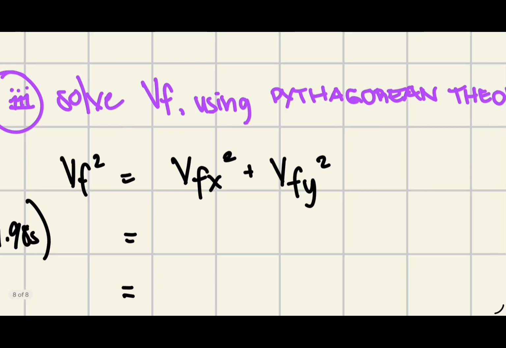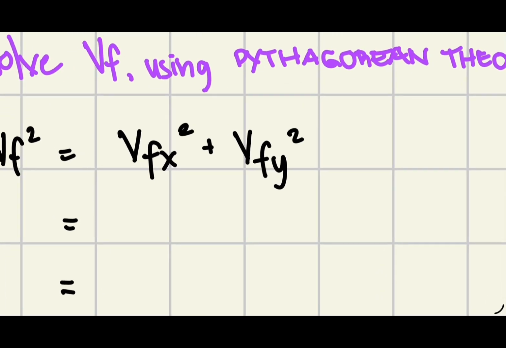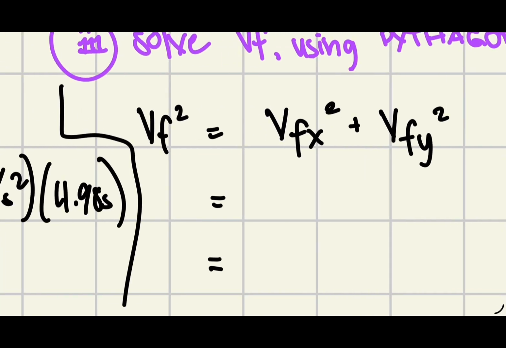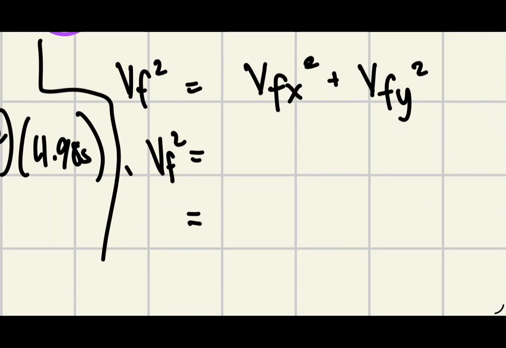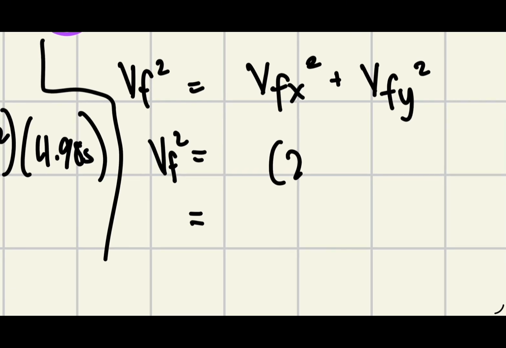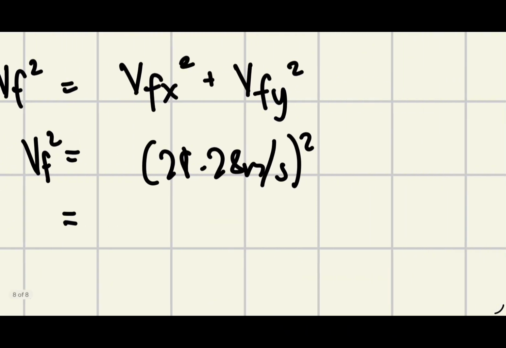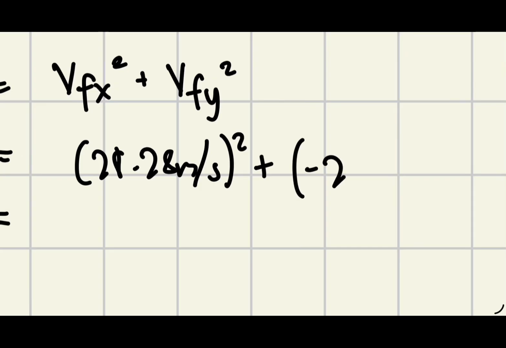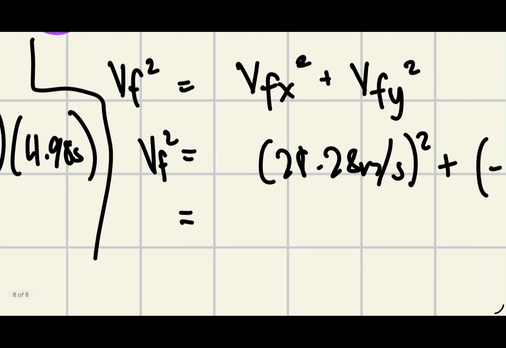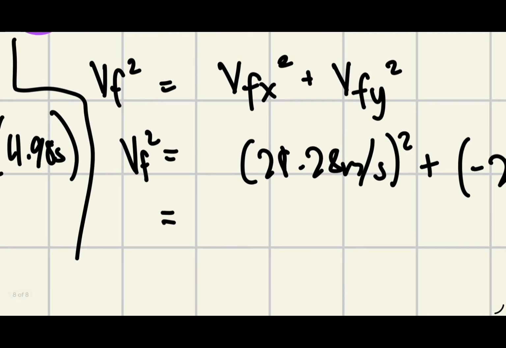Now, for step number 3, we have to use the Pythagorean theorem to solve for the final velocity. So let's do v of f squared is equal to 28.28 meters per second squared plus our vertical component of the final velocity, which is negative 20.52 meters per second squared. Notice that our final velocity has the exponent of 2, so we have to get rid of that.